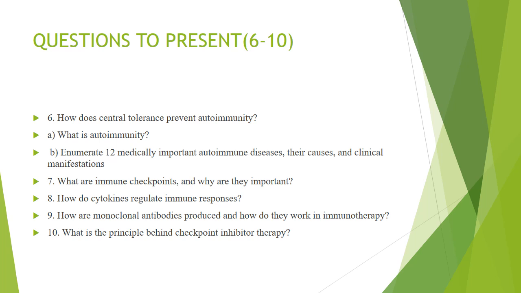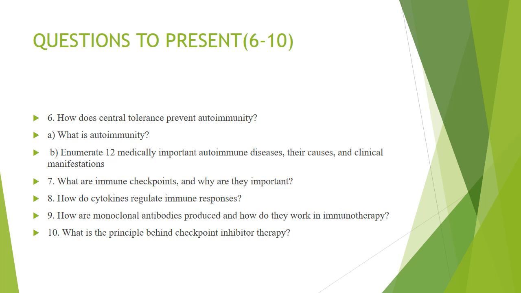Here is the overview of the questions I'm going to present. It's five questions, from 6 to 10. The first question is about central tolerance, how it can prevent autoimmune disease, what autoimmune disease is, and 12 medically important autoimmune diseases, their causes and clinical manifestations. The second question is about immune checkpoints and why they are important.